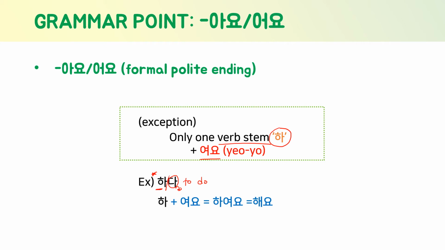In this case, you add 여요. So it becomes 하여요, and when you say it fast, it becomes 해요. So the 하다 verb becomes 해요.